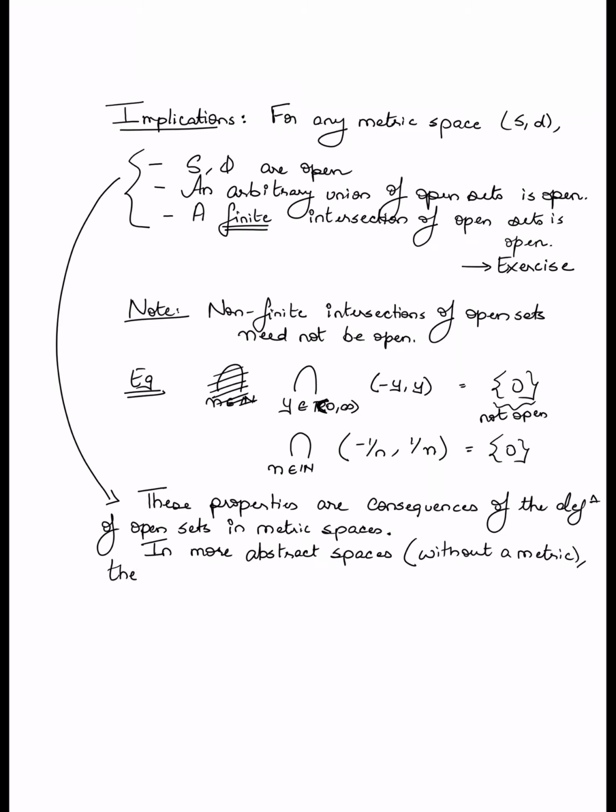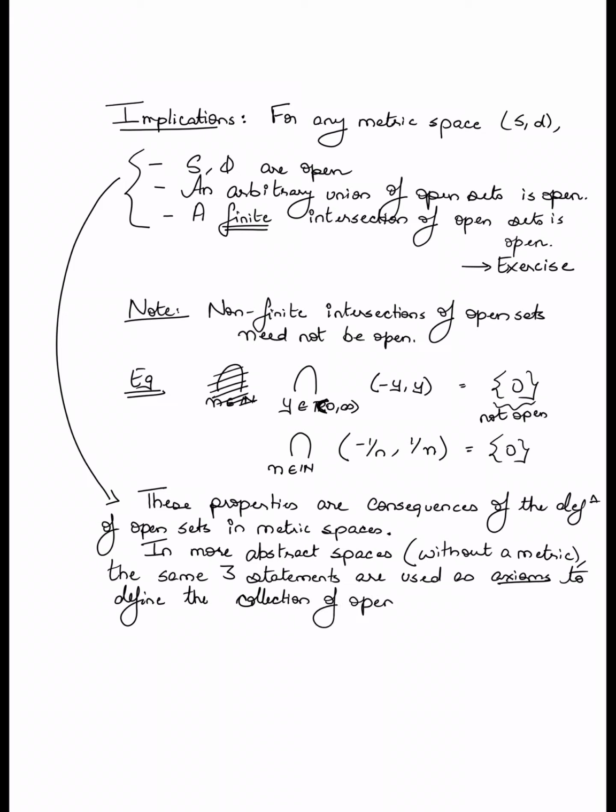The same three statements are used as axioms to define the collection of open sets, because in those spaces you don't have a metric like we do in metric spaces.